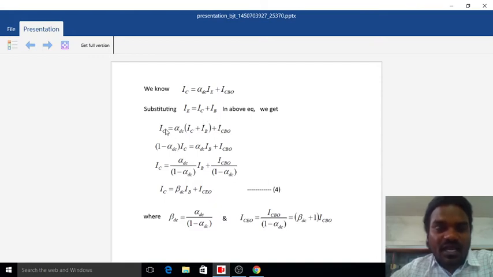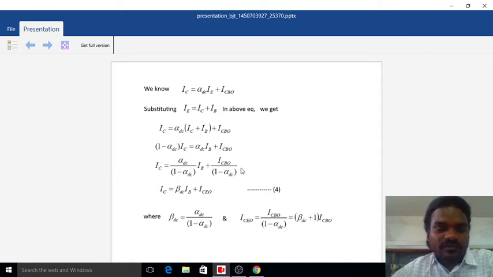So IC is equals to alpha into IC plus alpha into IB plus ICBO. Taking the IC term to the left side, we have 1 minus alpha DC into IC is equals to alpha DC into IB plus ICBO, so the collector current IC is equals to alpha DC by 1 minus alpha DC into IB plus ICBO by 1 minus alpha DC.